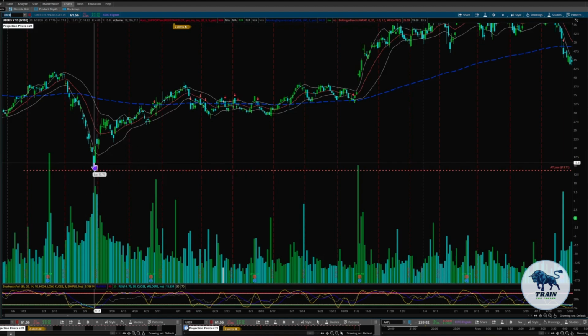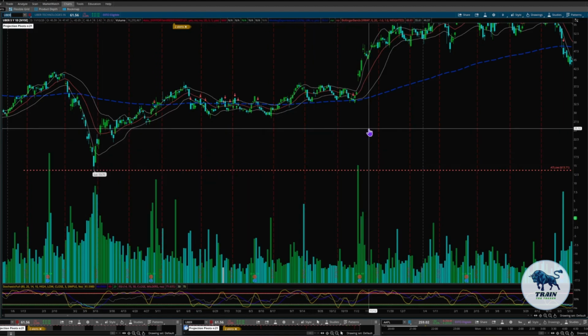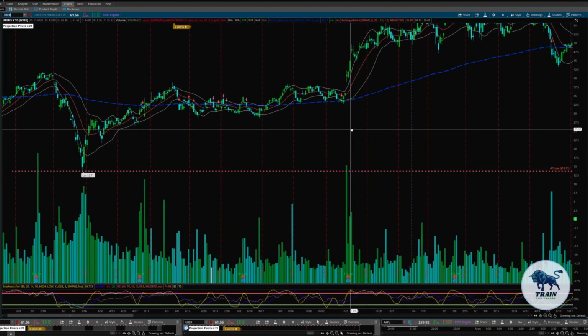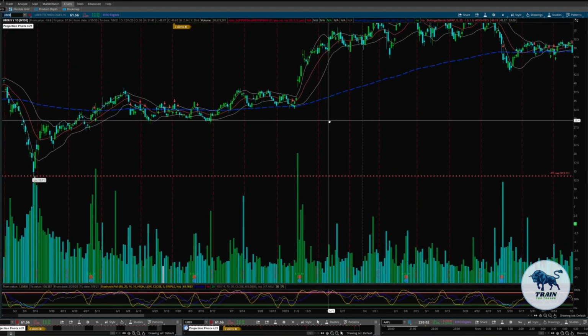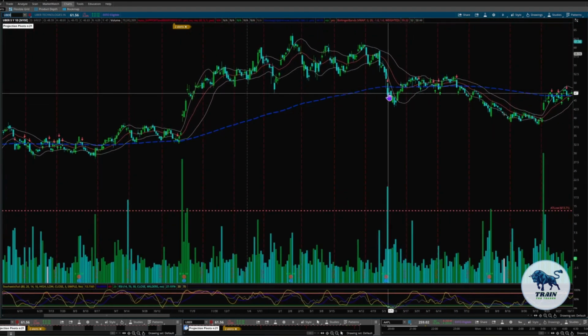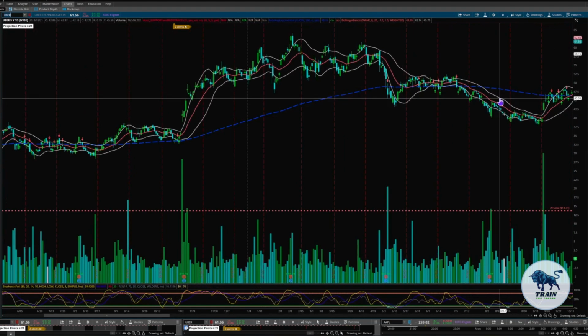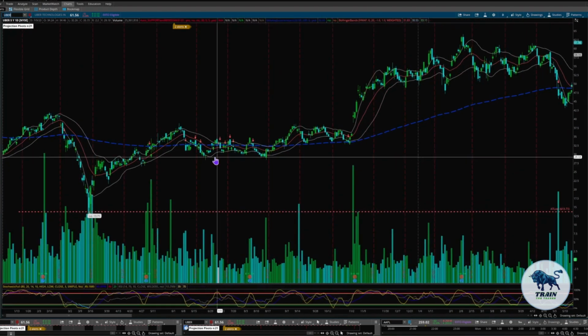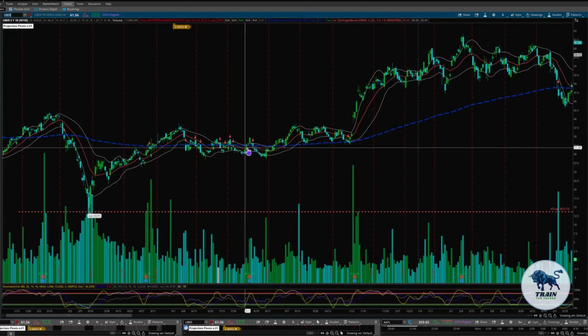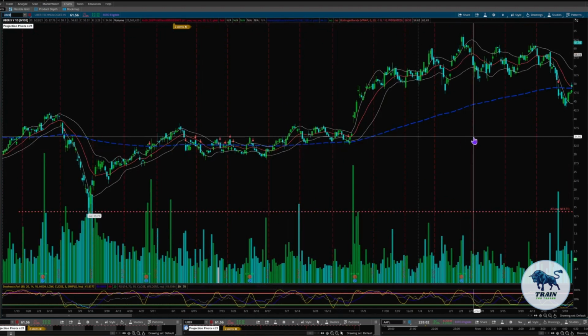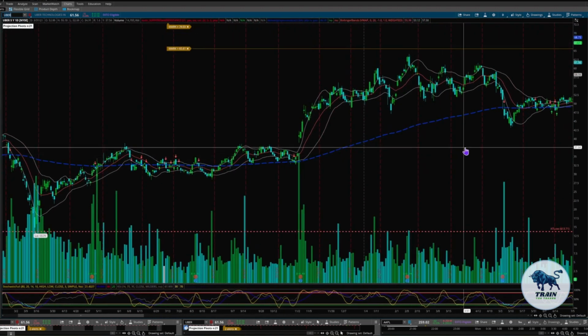I have to say that. If a company is not strong fundamentally, you can almost assume it's not going to be doing well, and it'll probably spend a lot more time underneath the 200 or right around it, just like this. Not to say that Uber is not a strong stock. Uber is a very strong company.